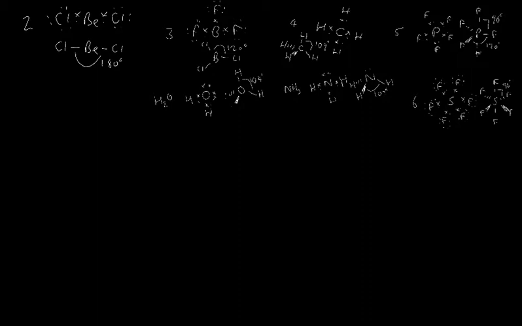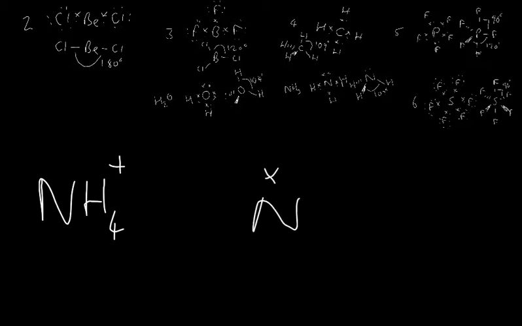Let's have some ions, because ions are fun, aren't they? Let's have an ammonium ion, NH4 plus. Just like ammonia really, not much different from ammonia. So this is ammonia again, but we've got this hydrogen ion that we can stick on.